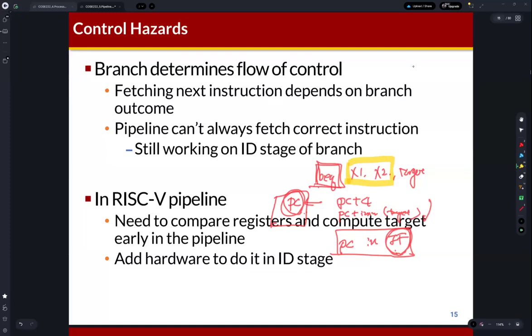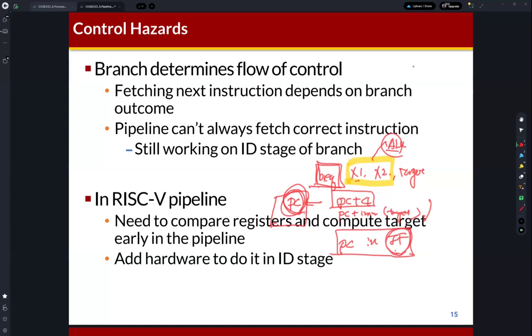This condition is checked by the ALU, and after that we can know the target PC of the BEQ.